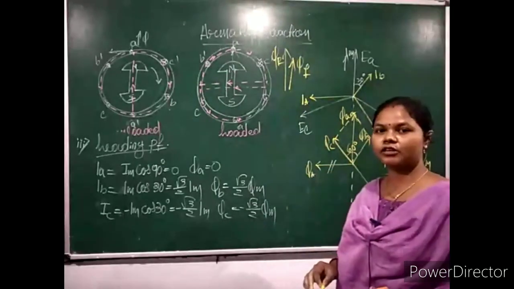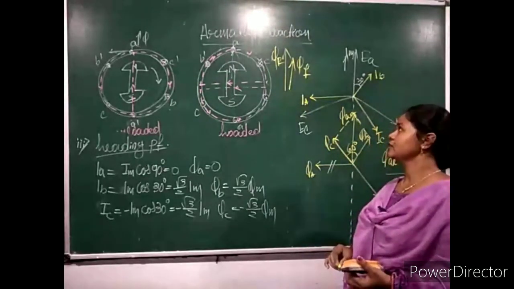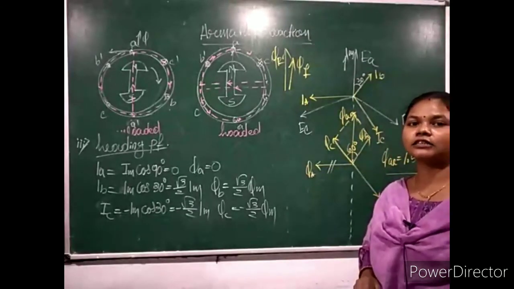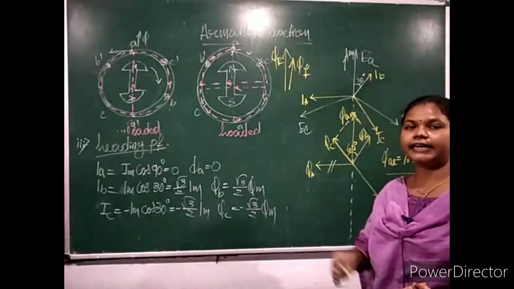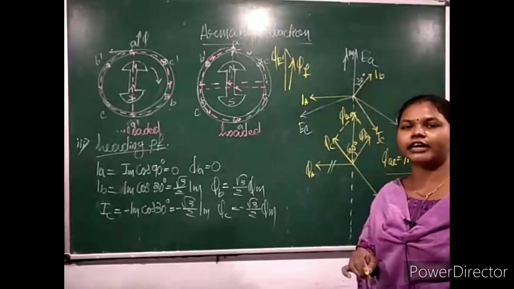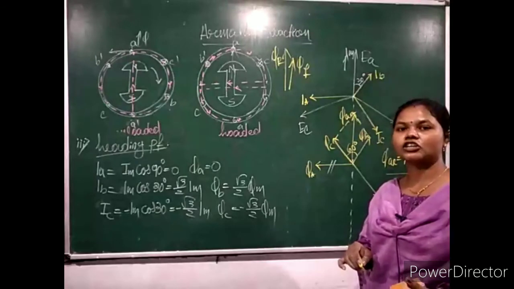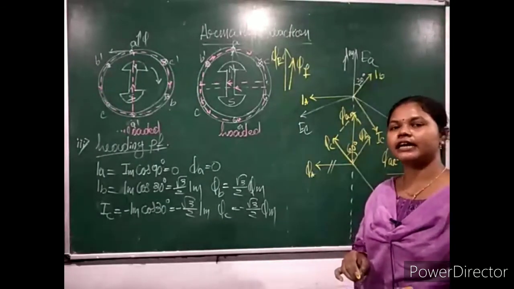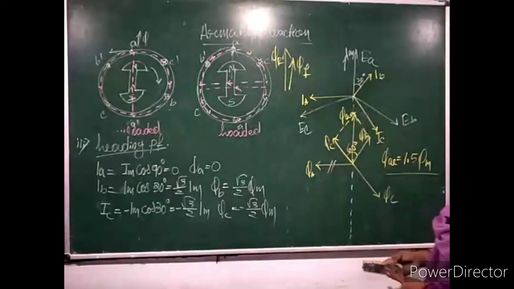So what conclusion you get? You get that here the resultant armature flux assists the field flux. And this type of reaction or effect of armature flux to main flux is called magnetizing effect.